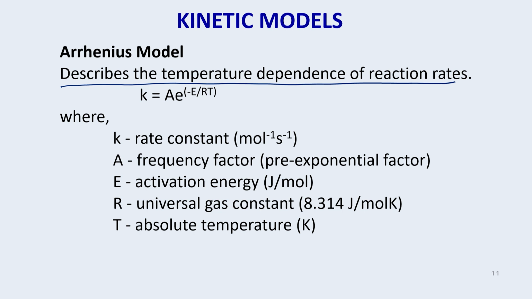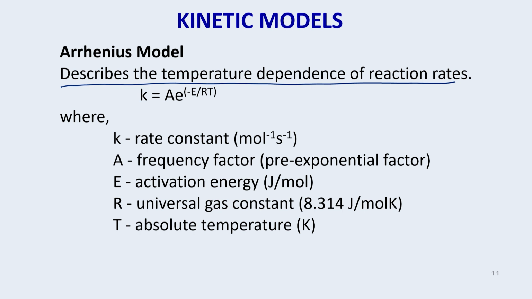So the mathematical equation which is used to predict the food deterioration in this model is k equal to A into e power minus E by RT, where k is the reaction rate constant, with unit per mole per second.